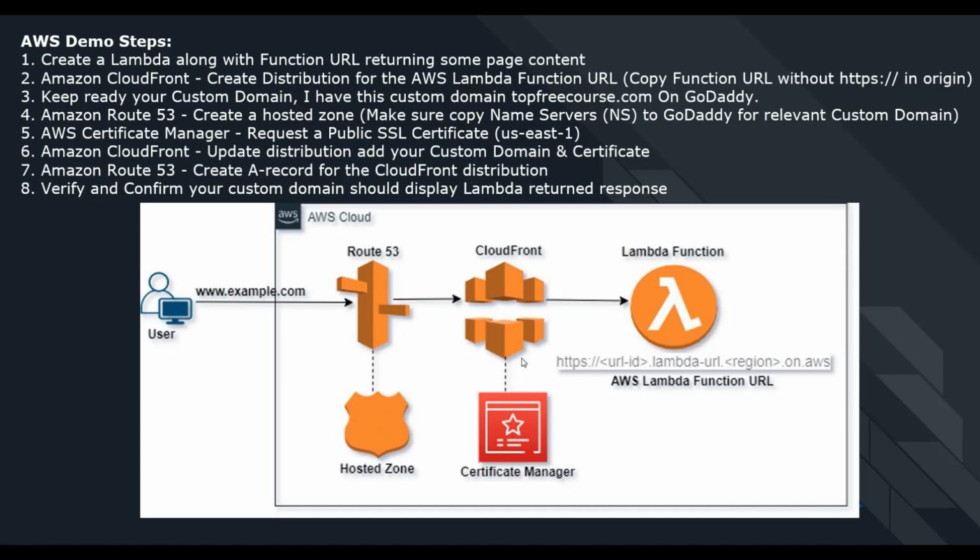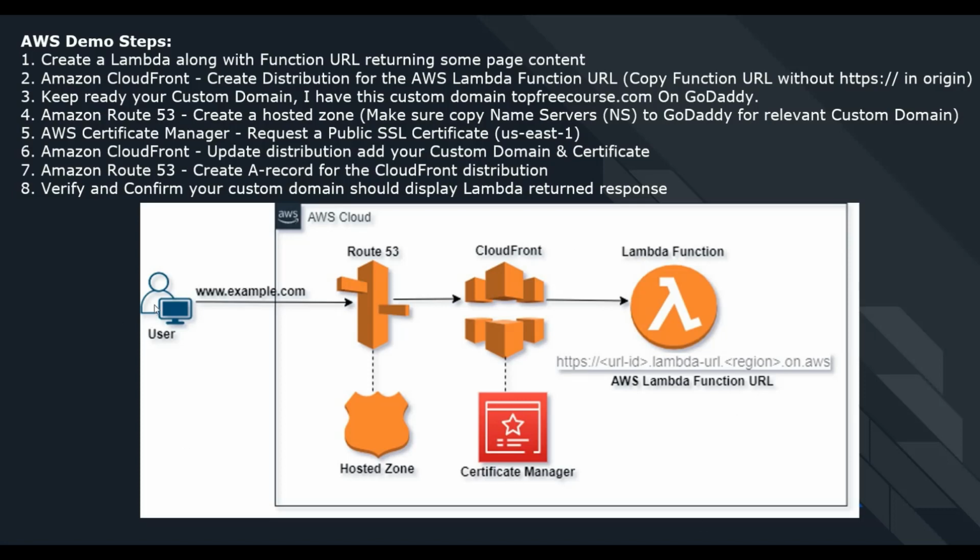After that, certificate validation is done. That also generated a CNAME record in the hosted zone. And at the end, we added an A record for mapping. Our custom domain gets mapped to our CloudFront distribution domain through an A record, in alias mode.